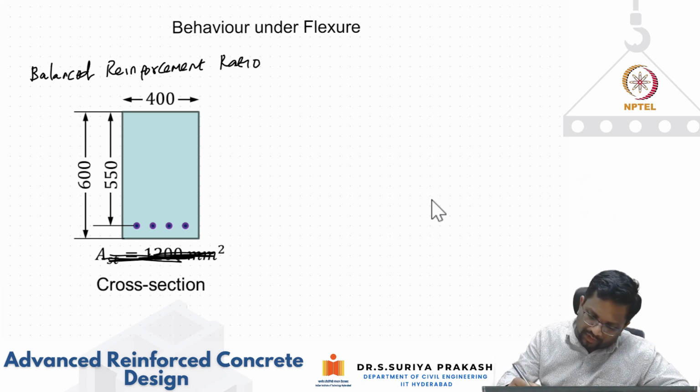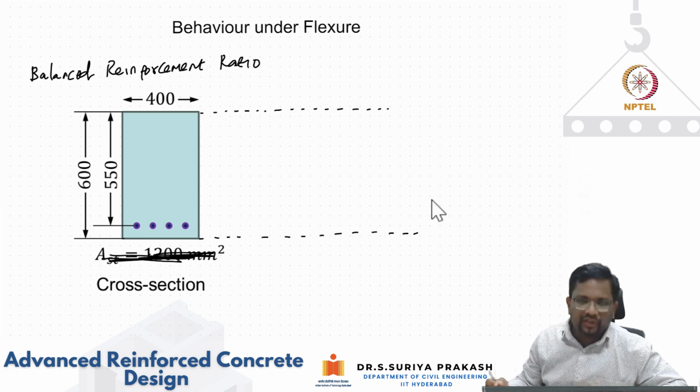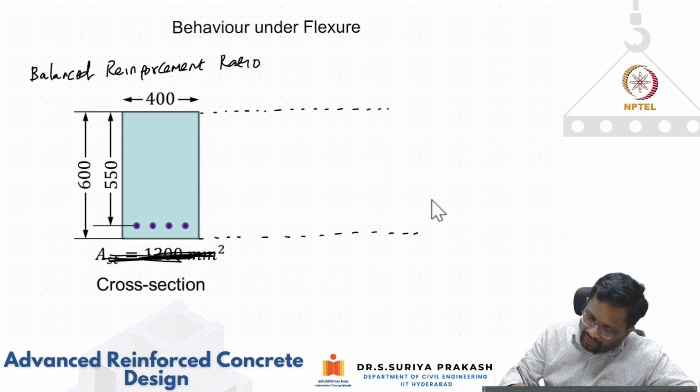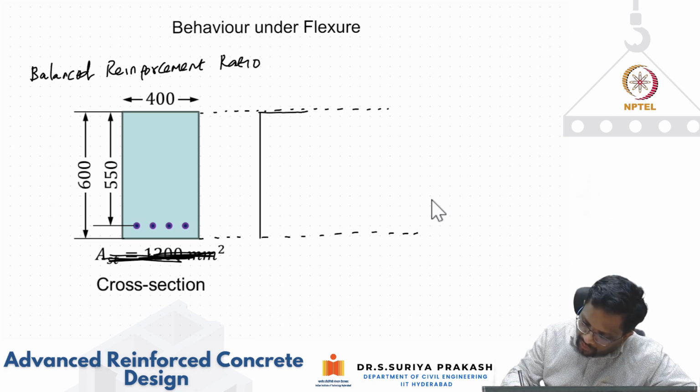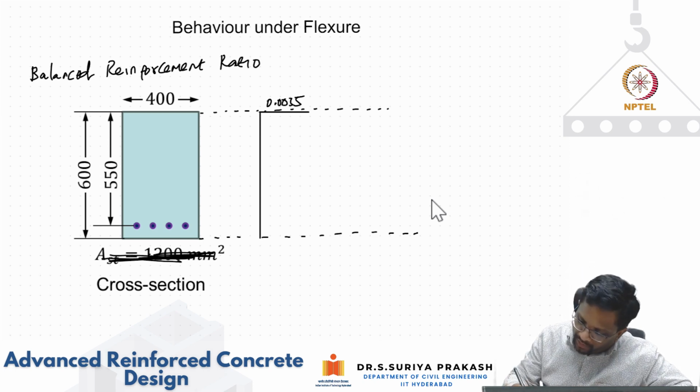Okay. So what is the strain that we are going to use for a balanced condition? We have discussed that. What would be the condition for balanced failure? The concrete at top is going to reach a compressive strain of 0.0035, and what would be the strain on the tension side?